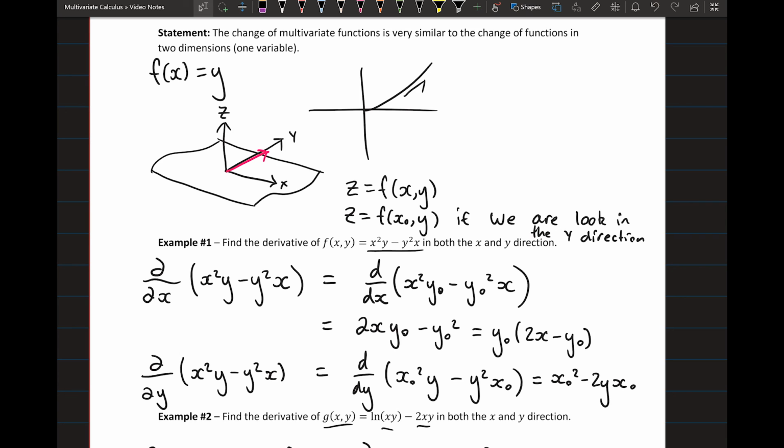It's so we restrict to a level curve and we find the tangent line, or the rate of change, of that particular level curve. So when finding the rate of change in a particular direction, x or y, for a three-dimensional function z equals f of x y, you're finding the rate of change of a level curve.